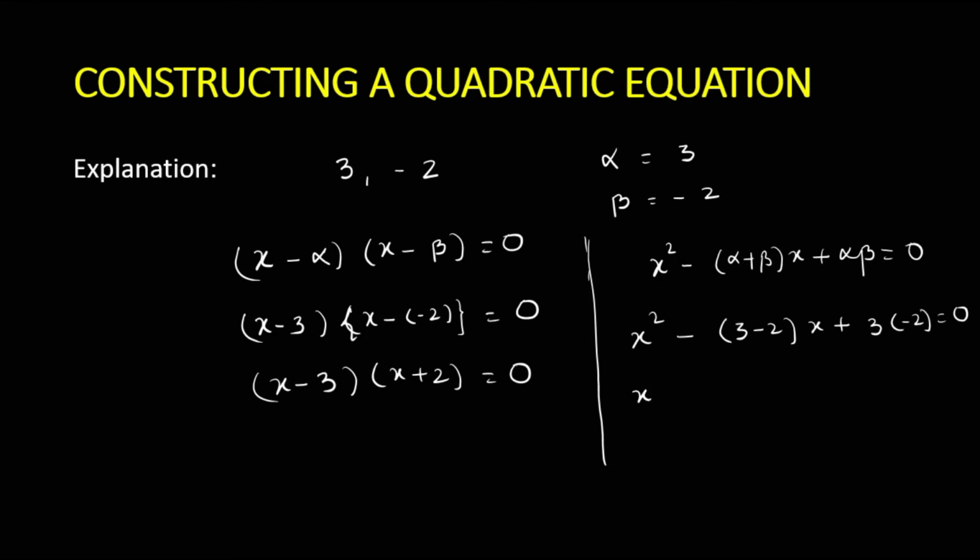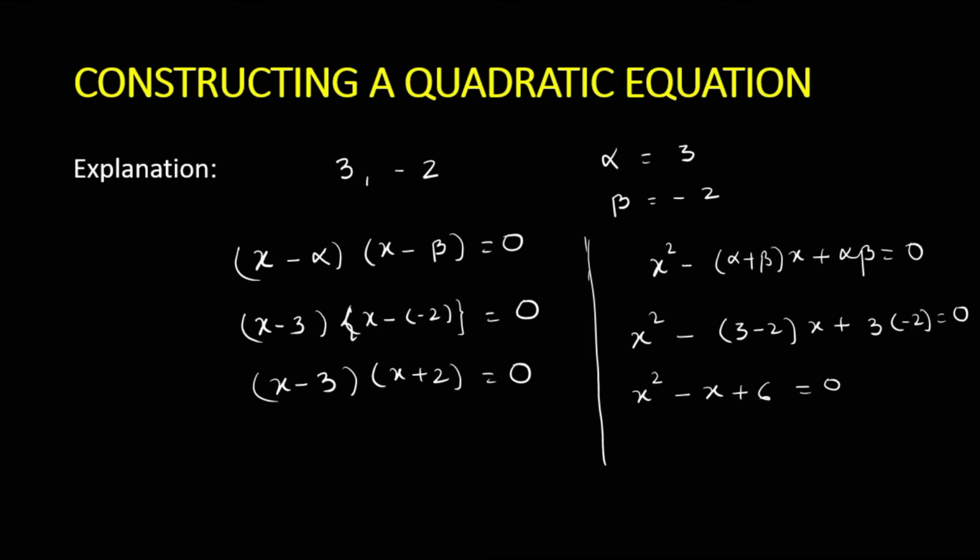So the equation becomes x square minus x plus 6, equal to 0. Whenever you are asked to construct a quadratic equation given its roots, you can follow these two procedures. This is very important and very easy.